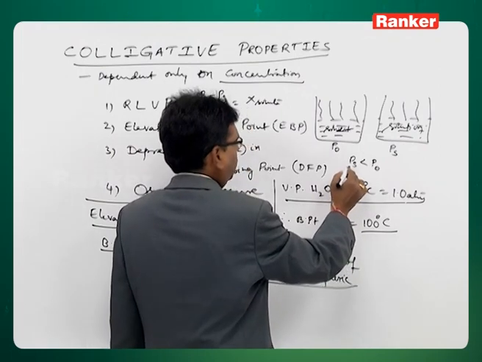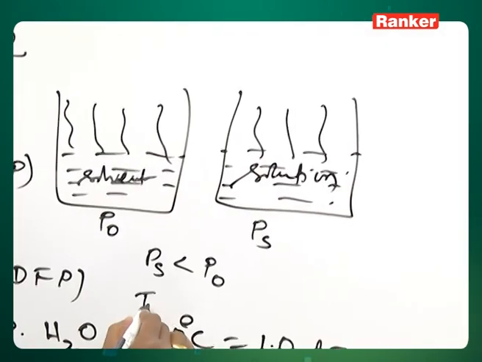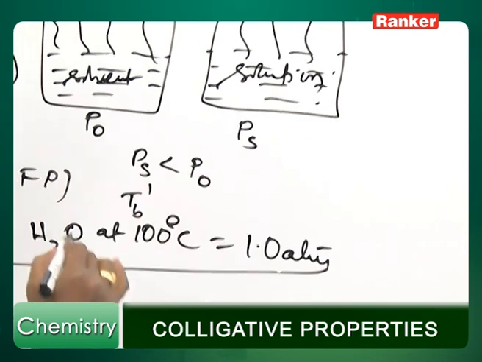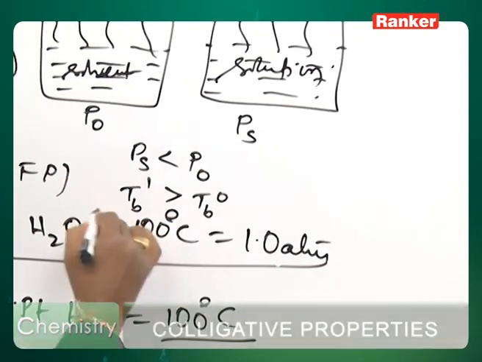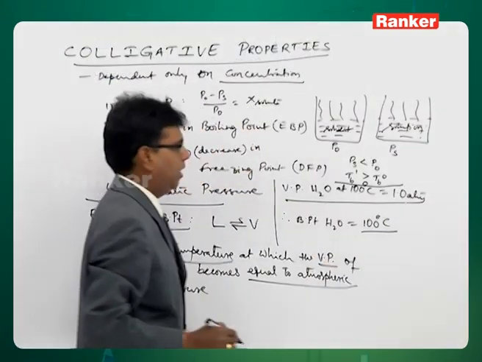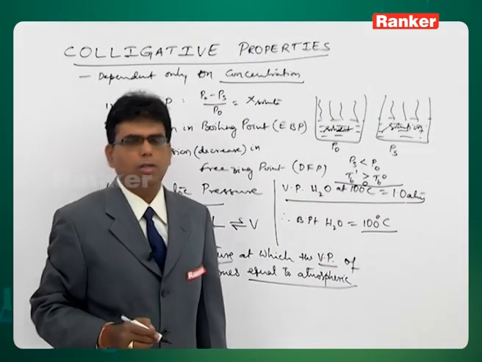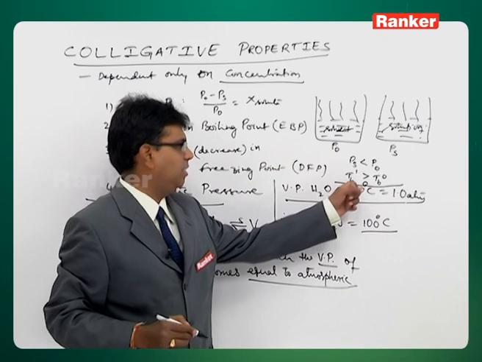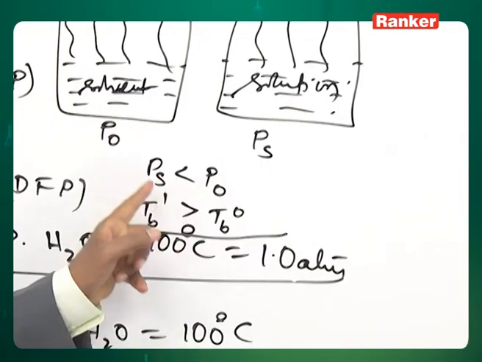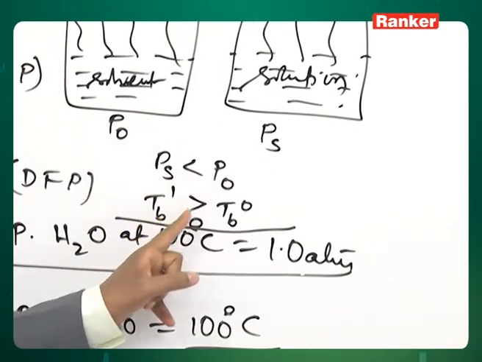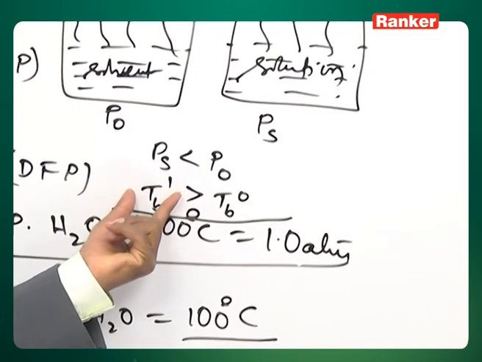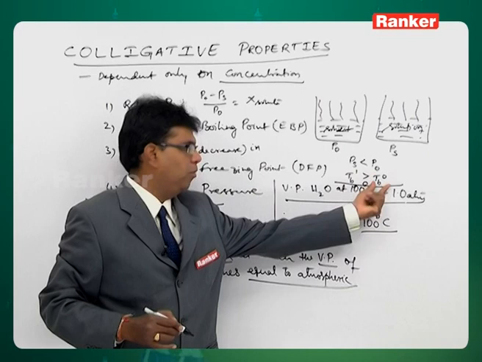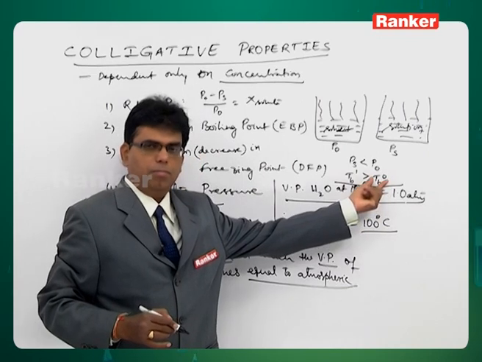Obviously, for a solution, the boiling point Tb dash will be greater than Tb naught, where Tb naught is the boiling point of the pure solvent and Tb dash is the boiling point of the solution. The meaning is that the boiling point of the solution is greater than that of the pure solvent.